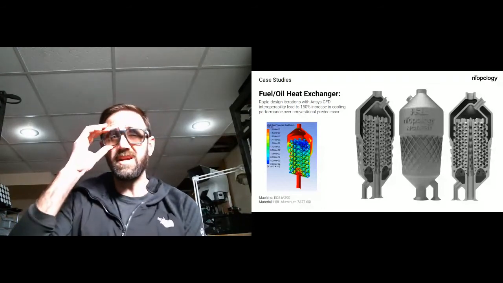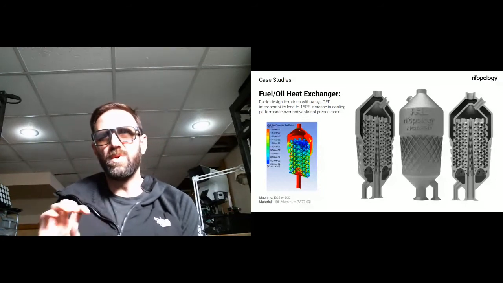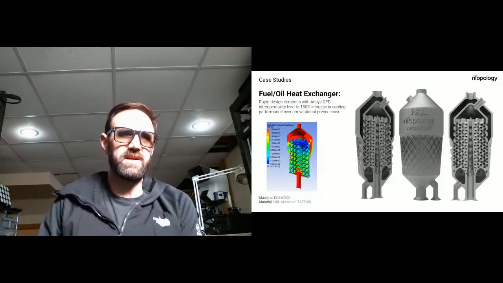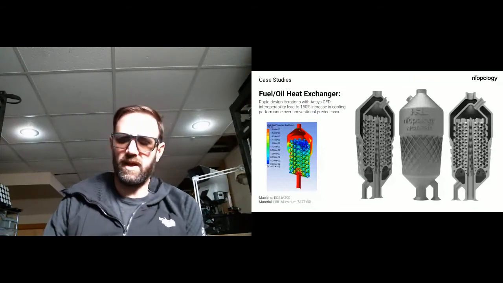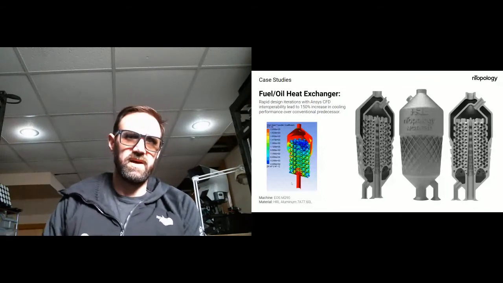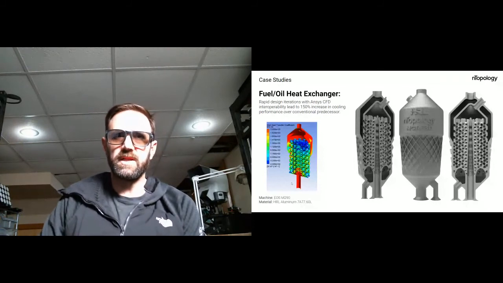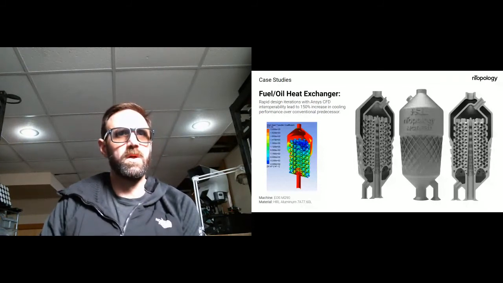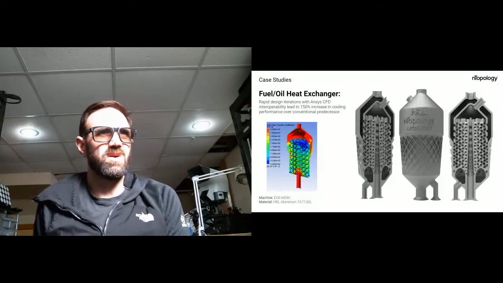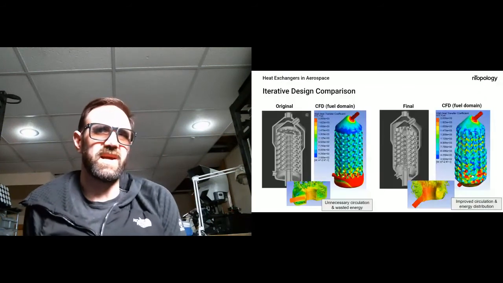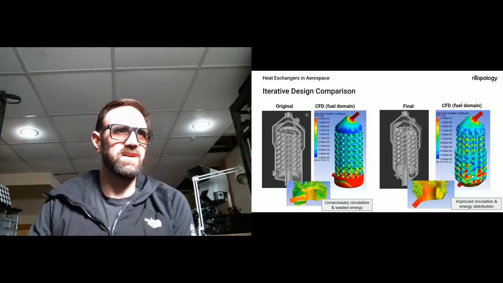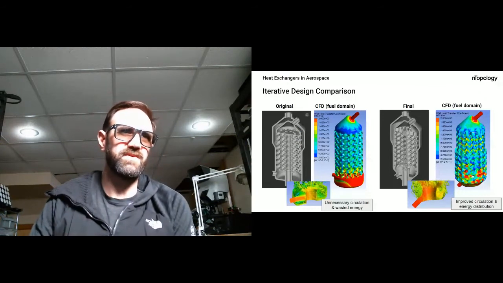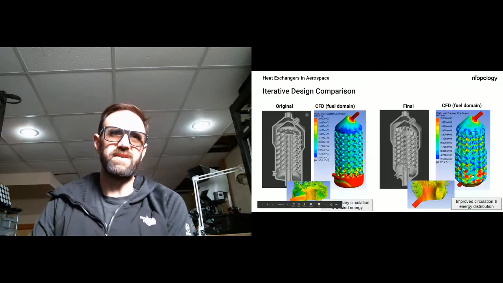And I think the key here is that with this geometry, although very complex, you can still do your traditional CFD and other static analysis on those parts to ensure that you're going to get the performance that you need. Right? And in this scenario, we used an iterative design in the sense that we produced the design on the left. In this case, it wasn't very printer friendly for additive manufacturing.